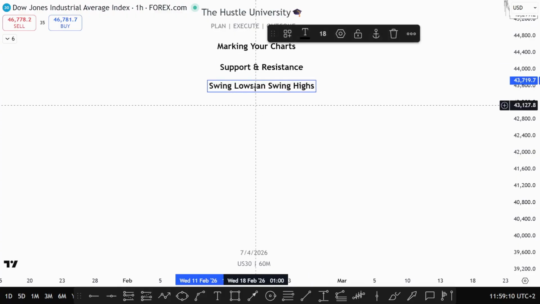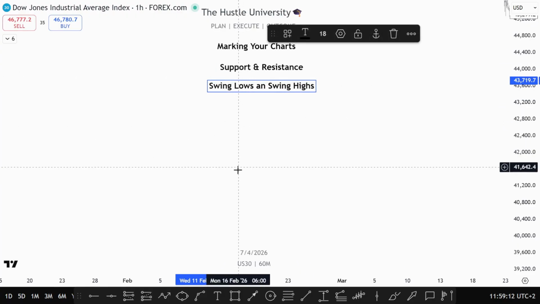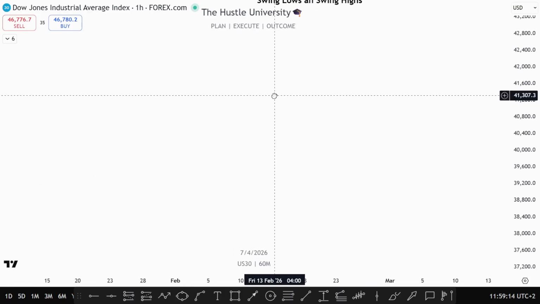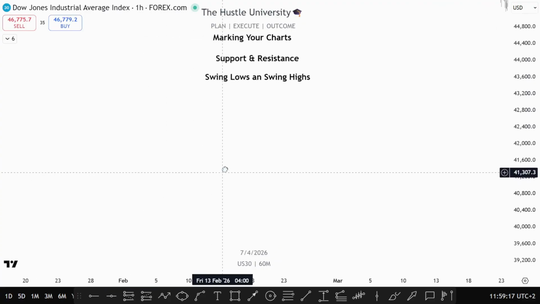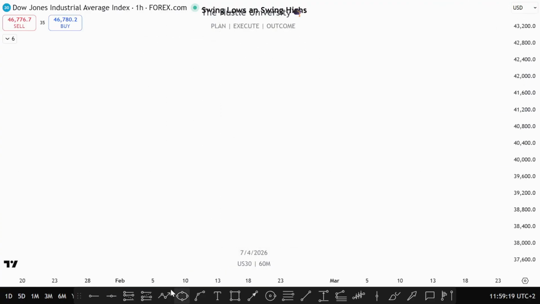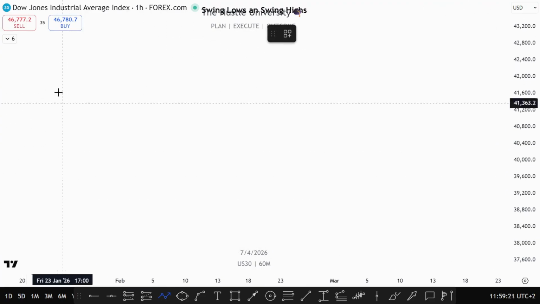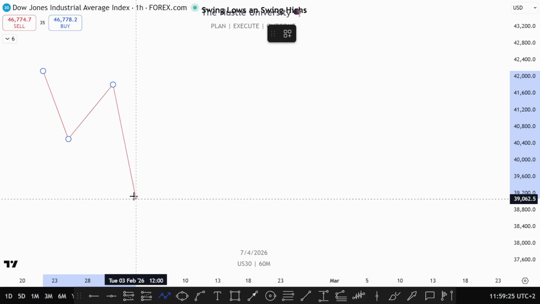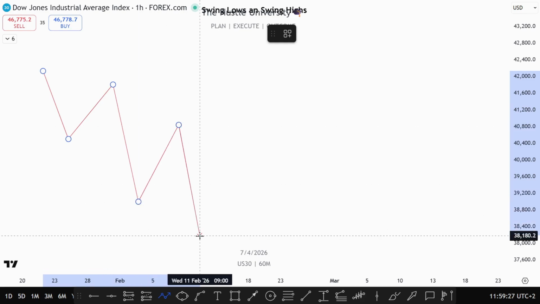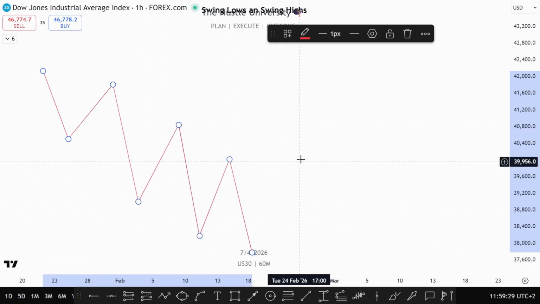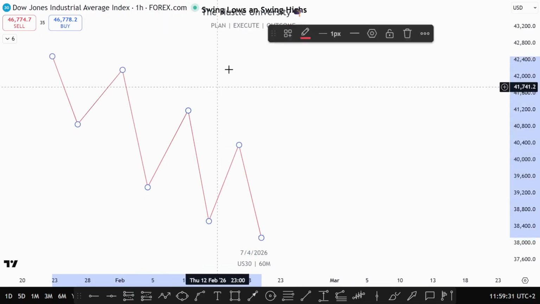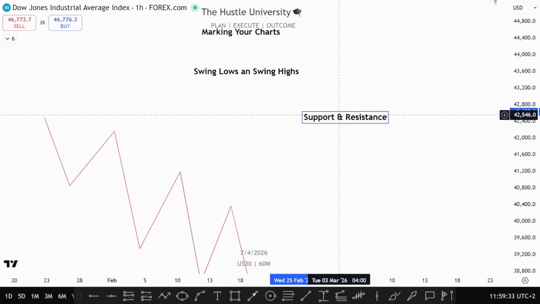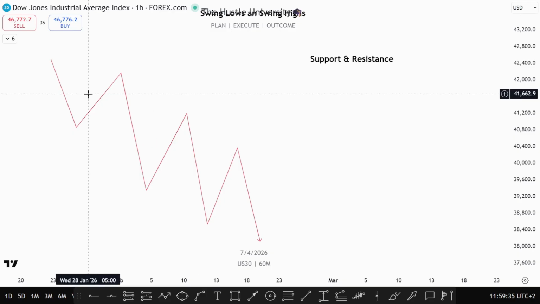So I'm gonna be breaking them down for you so you can understand and see what works best for you, right? I'm gonna give you an example here. I'm just gonna make some notations. Let's say you have a downtrend, price going from the upside to the downside, right? So this is how you can go about marking your chart. The first one we said can either be a support or resistance, right?